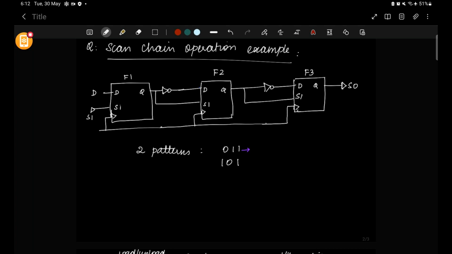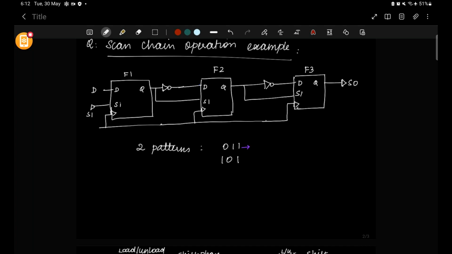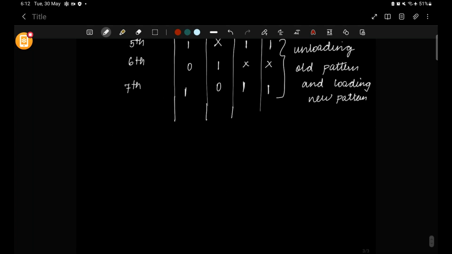Okay. So the next question is, consider this scenario. You have one ICG here, and this is the functional enable.